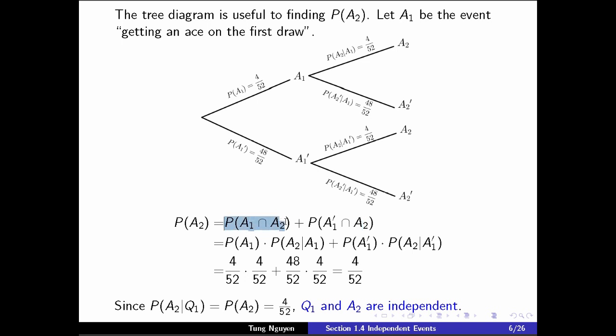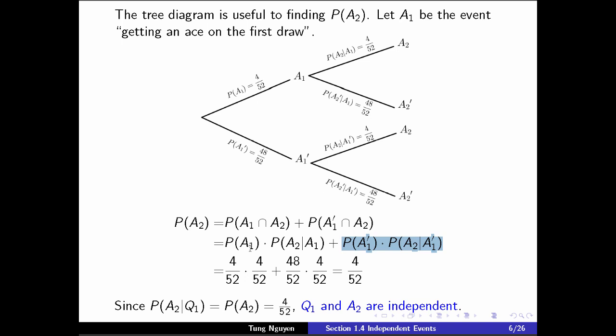So then if we use the multiplication rule for each of these probabilities, we will have these two products. And these two products are displayed along the paths here. So these two are here and these products are displayed along this path leading to A2.